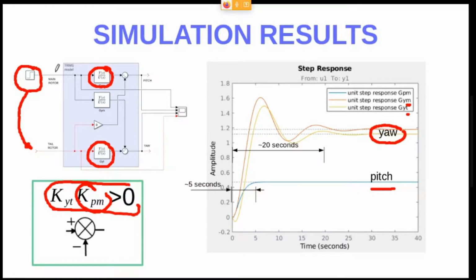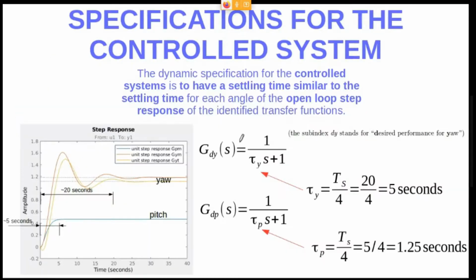So once you feedback here and then you put here a controller and do the same thing for the yaw angle, the set point enters as a positive signal and the feedback as a negative, and the same goes in here. Well, let's go now to the specifications for the control system.